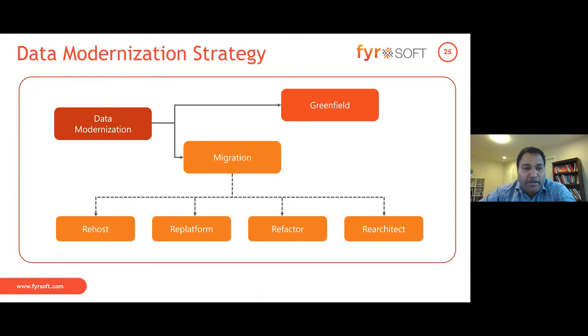Either we do the rehost, which is more a lift and shift of their infrastructure from on-prem to the cloud. If you have SSIS, SQL Server Integration Services, or Analysis Services, Reporting Services, we lift and shift all that infrastructure to the cloud as a VM. So that eliminates the need for managing and scaling the VM needs.